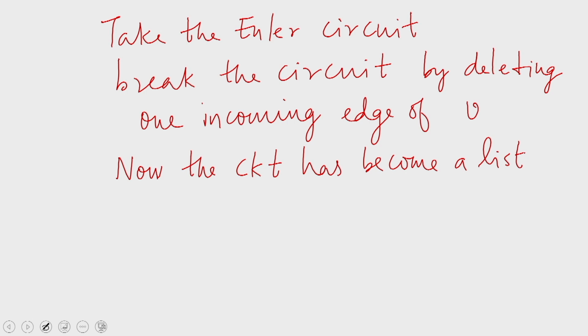The list has a length of order of n because the list is made up of the adjacency list entries. So, exactly one edge is missing from the Euler circuit, which is an edge that is incoming into vertex V.